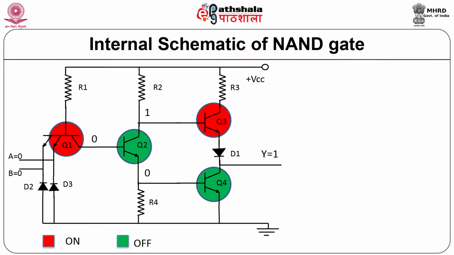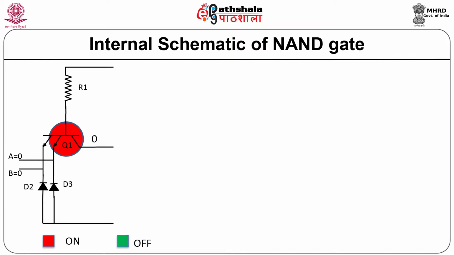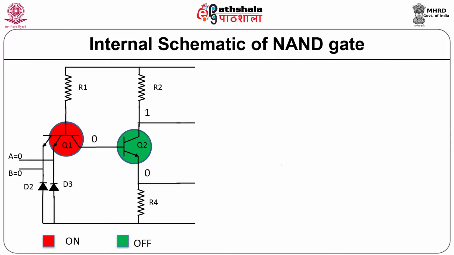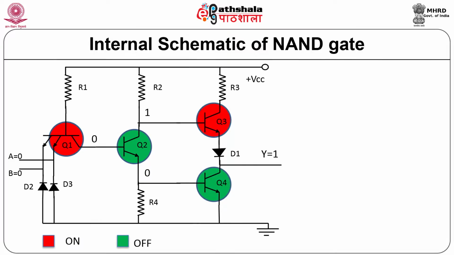According to the internal schematic of the NAND gate, this diagram can be split into the input stage consisting of transistor Q1, diodes D2, D3 and inputs A and B. The phase splitter stage is indicated by transistor Q2 along with the resistors R2 and R4, and the output stage consists of transistors Q3 and Q4 along with the resistor R3 and diode D1.